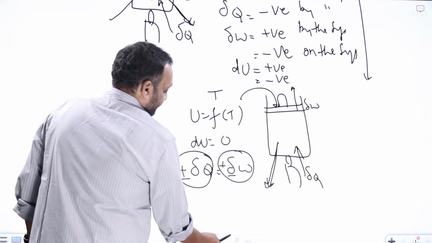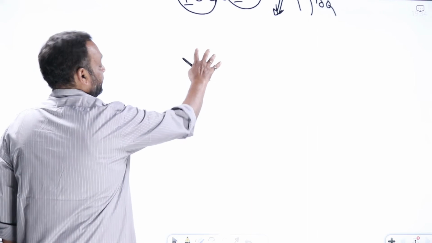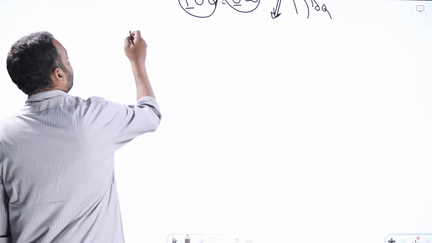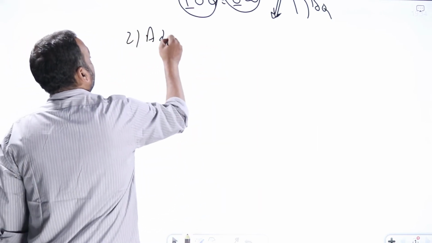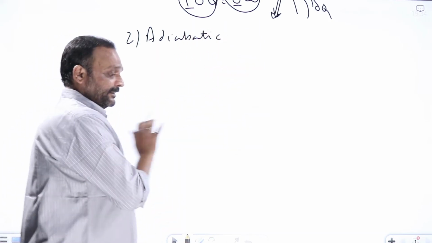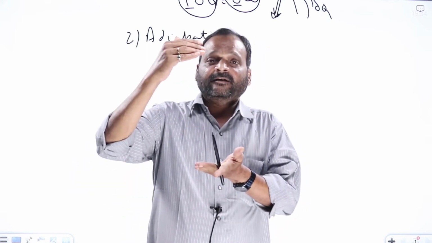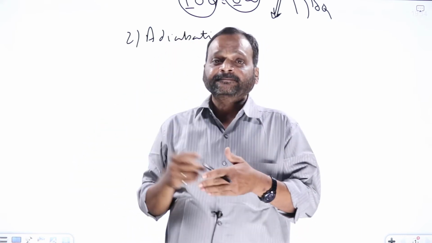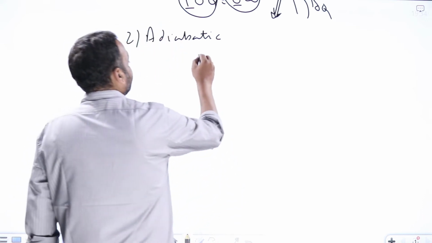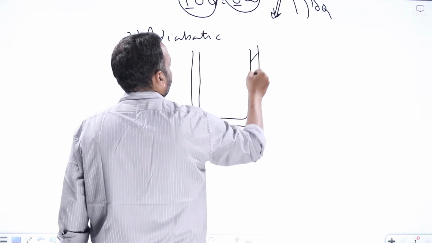Next, the next process is an adiabatic process. What is an adiabatic process? Adiabatic means not allowing heat. You don't allow any heat to get into the system or any heat to come out of the system. The system is maintained under insulating conditions.